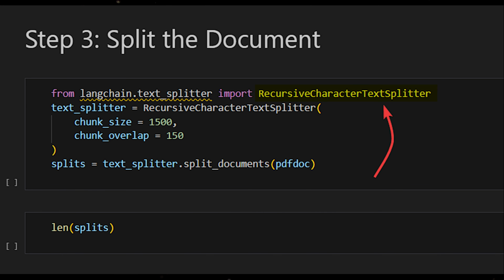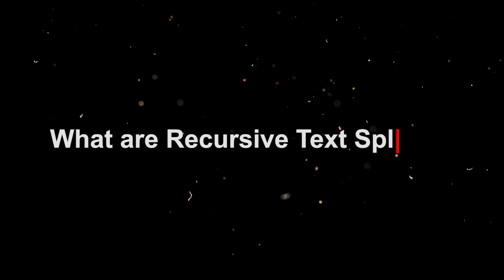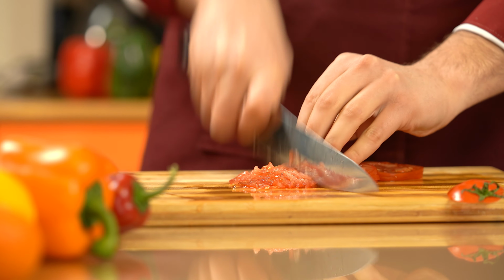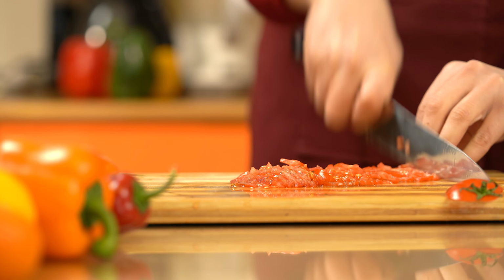One of the most common types of text splitters in LangChain is the recursive character text splitter. The recursive character text splitter takes a large text and splits it based on the specified chunk size. It does this by using a set of characters.